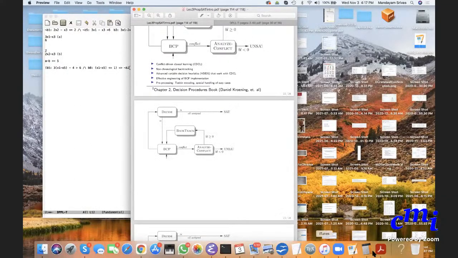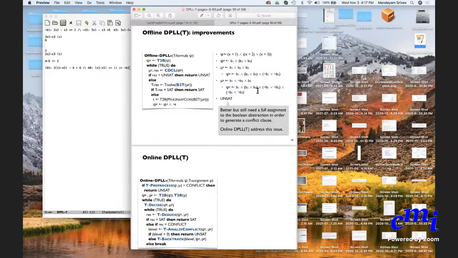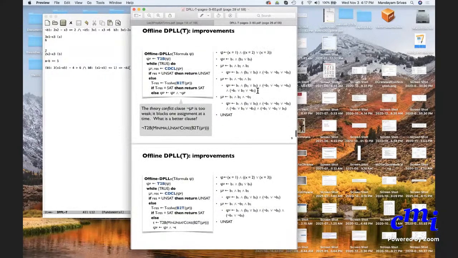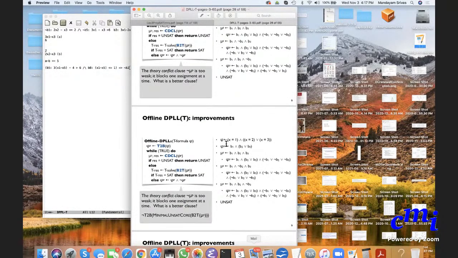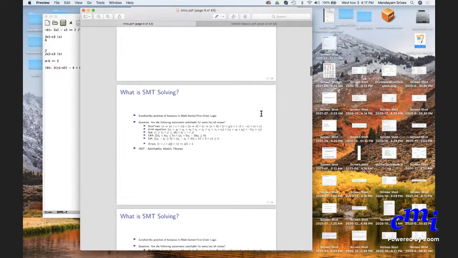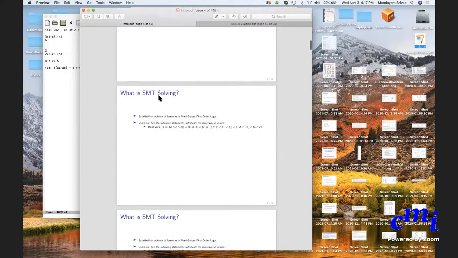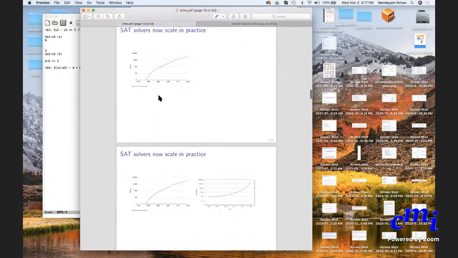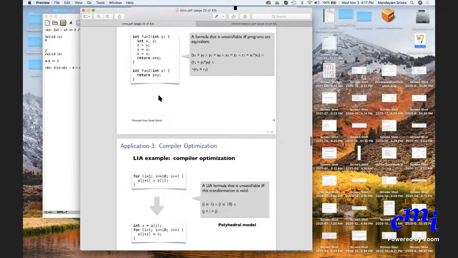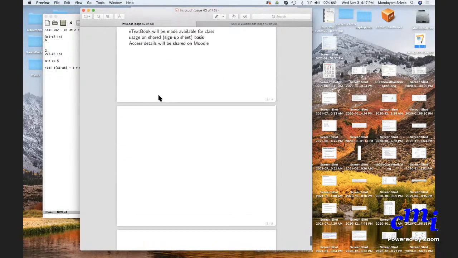Let me now go to DPLL(T) right here. Even before that, I want to take the intro. Have that here. That picture, probably I don't.